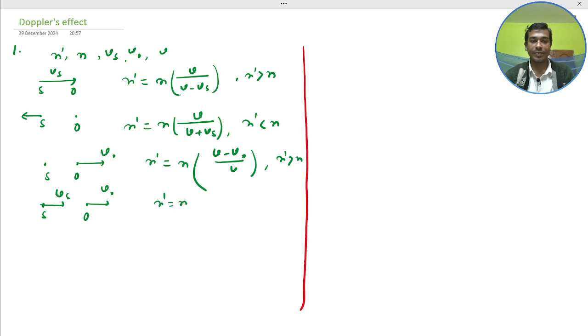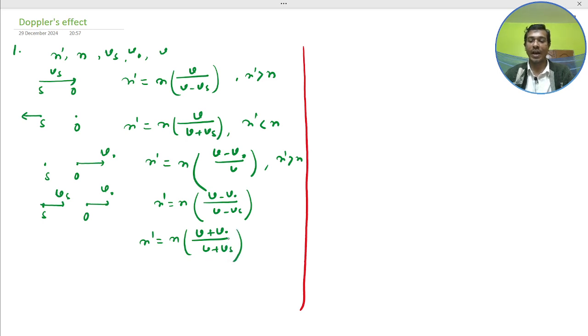Here n dash would become n V minus V naught divided by V minus Vs. There are two cases here: for case 2, approaching each other, n dash would become n V plus V naught divided by V plus Vs.